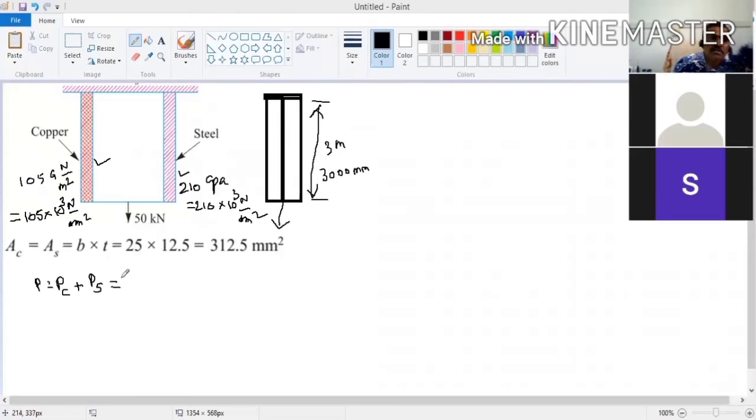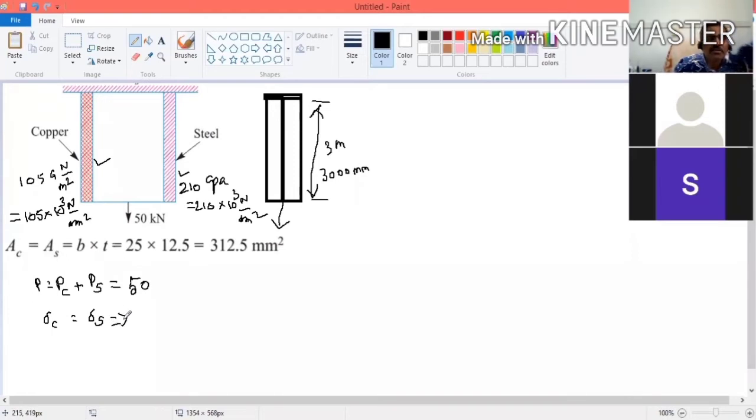The total value is equal to 50 kN. You can convert into Newton also, but for stress it should be in Newton; while solving the force, you can keep kN also. So PC plus PS equals 50 kN. This is one relation. What is another relation? Deflection: delta C is equal to delta S.